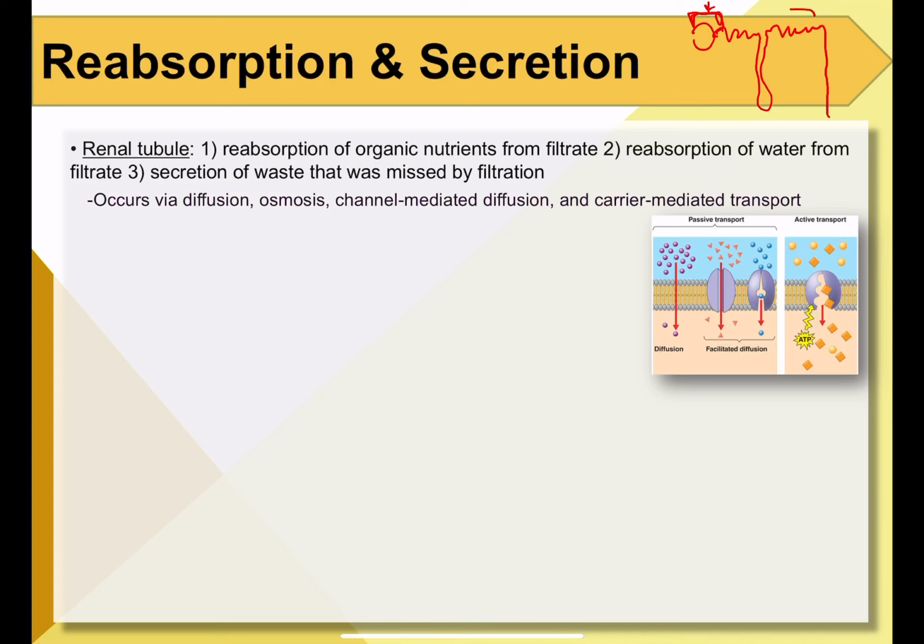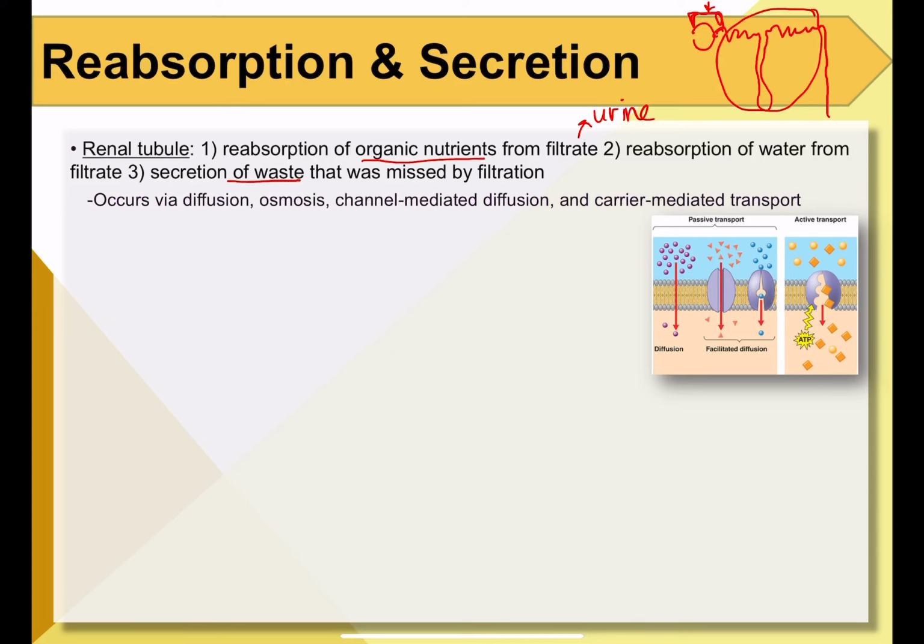Now we're going to talk about the reabsorption and secretion part. Within the renal tubule, you have reabsorption of organic nutrients from your filtrate. Remember, filtrate means your urine about to be formed, while some waste material can be secreted if it was missed during the normal filtration process.